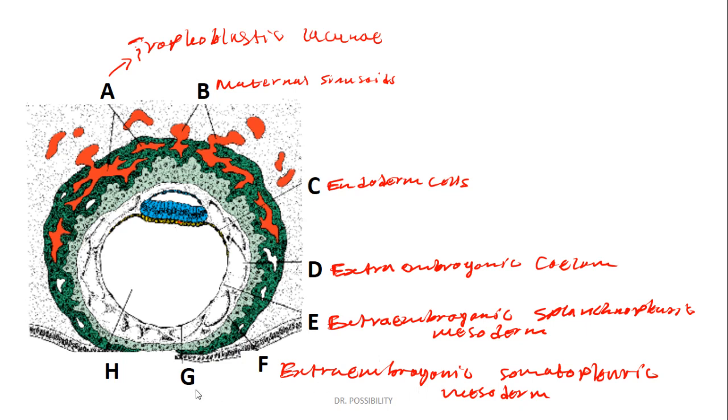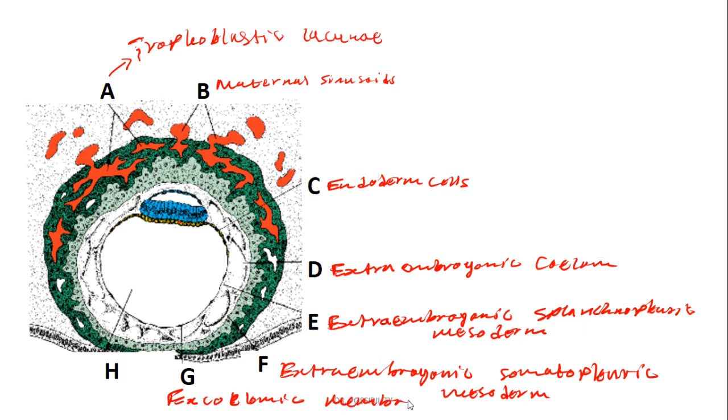Then you have G. G is simply the exocoelomic membrane. So G is known as the what? Exocoelomic, sorry for the spelling. So G is just the exocoelomic membrane.